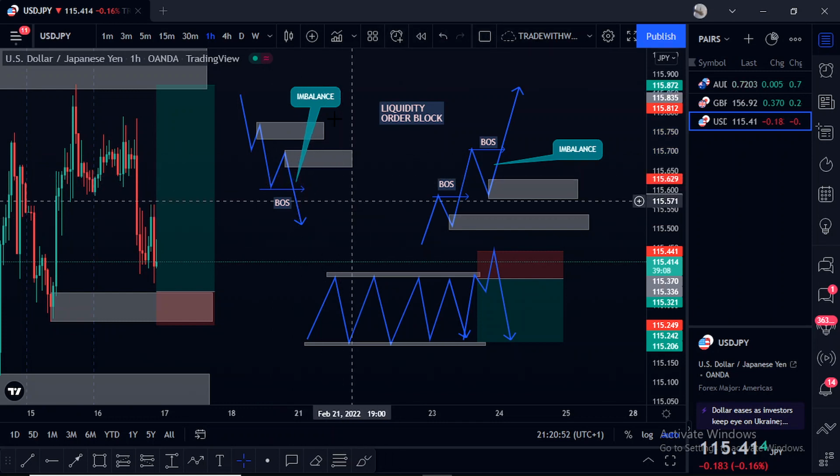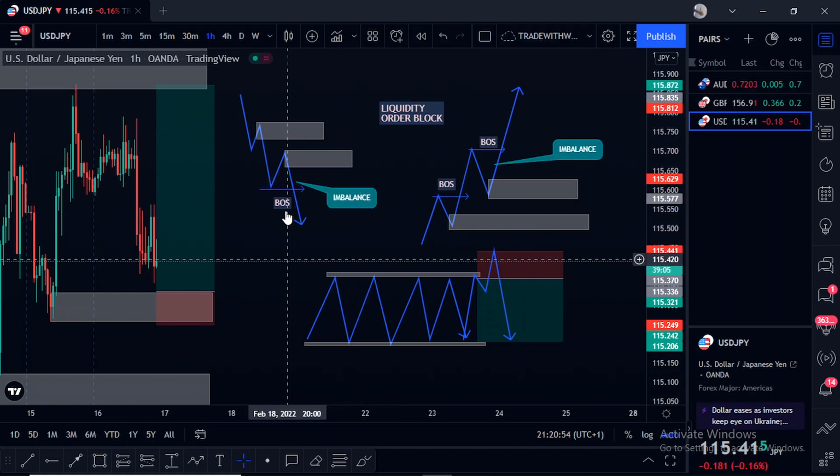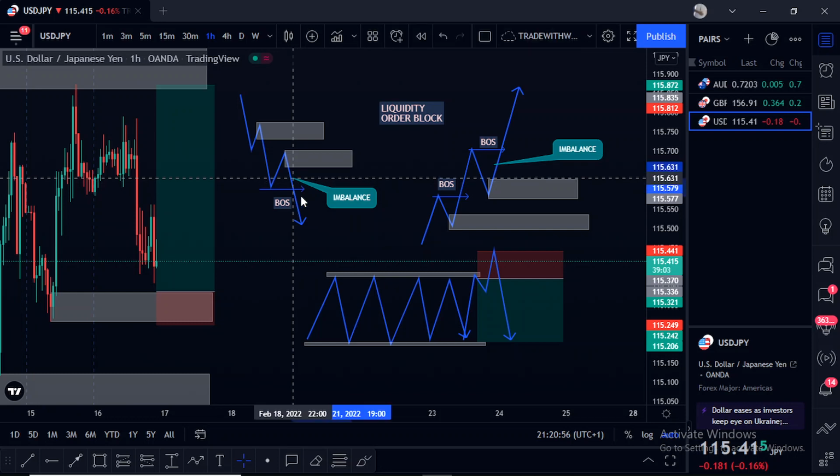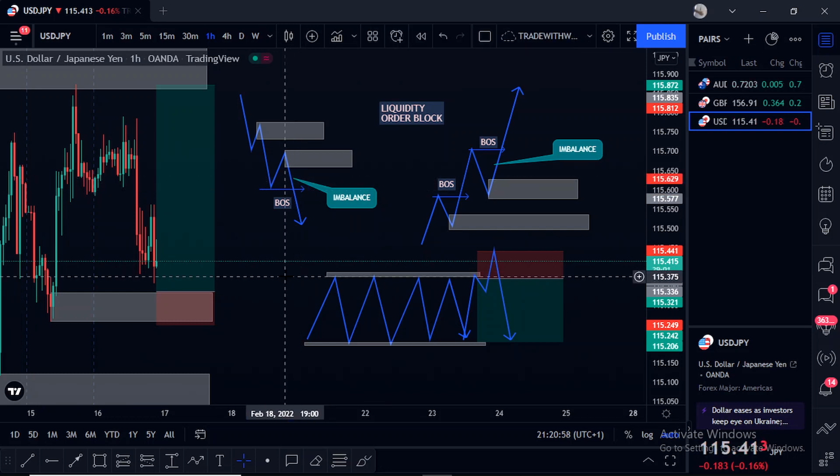Imbalance is when there's a lot of orders in the market, a lot of buy orders than sell orders, or a lot of sell orders than buy orders. We call that imbalance, because the market is meant to be balanced, moving up, down, up, down. But whenever there's imbalance, there's a lot more up move than down move, or a lot more buy move than sell moves. I believe you all understand what I'm talking about now.